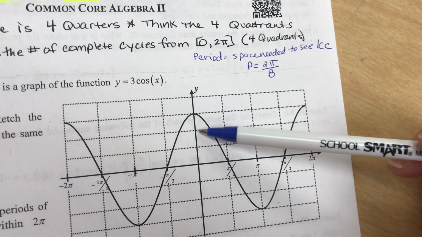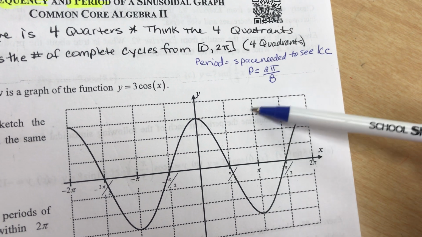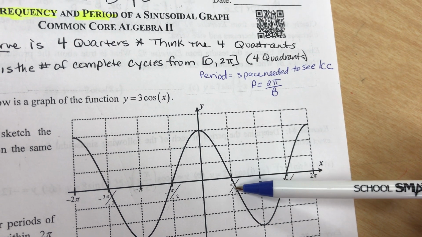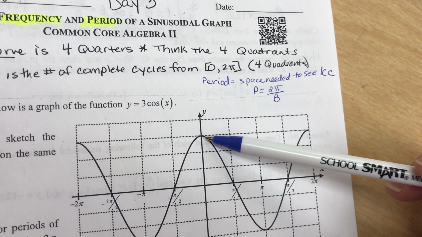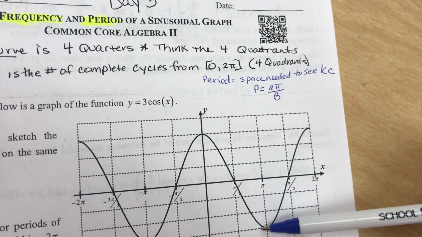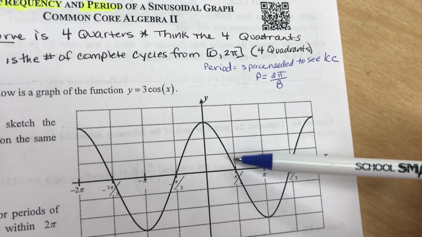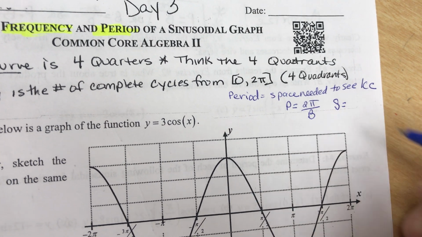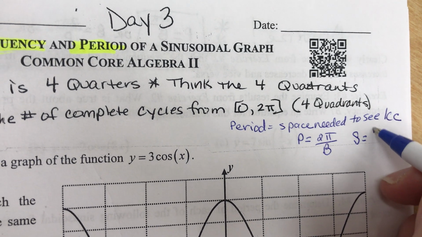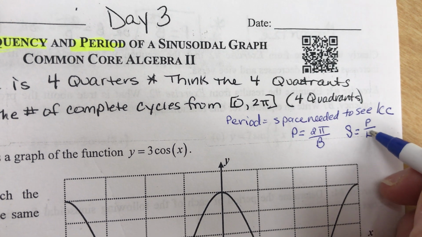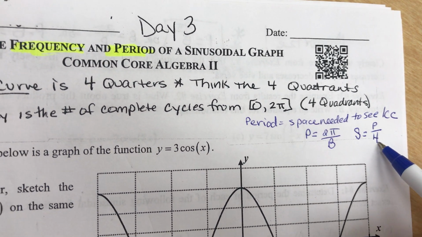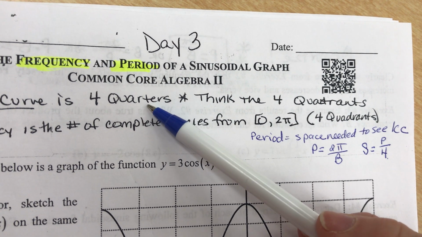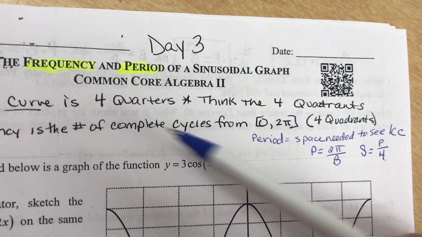So now if we're going to speed this up and have more waves, we're going to have to change this scale because the vertical lines to do my max, middle, and min are going to be tighter. So that means we need another formula. The scale formula is simply p, the period, divided by 4. Why is it divided by 4? Because we have 4 quarters to make a complete curve.